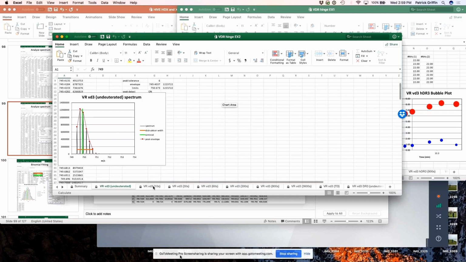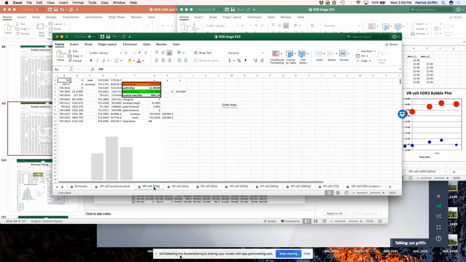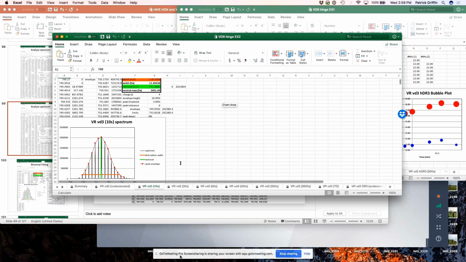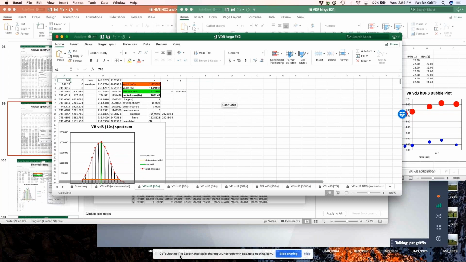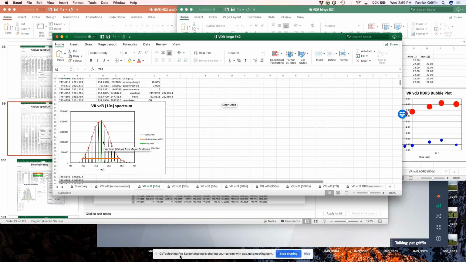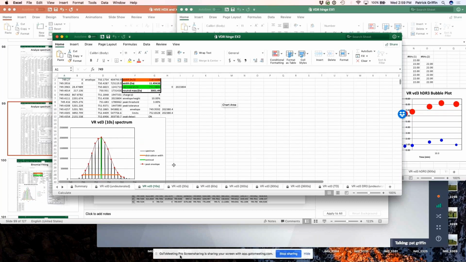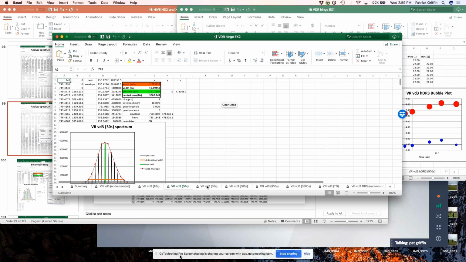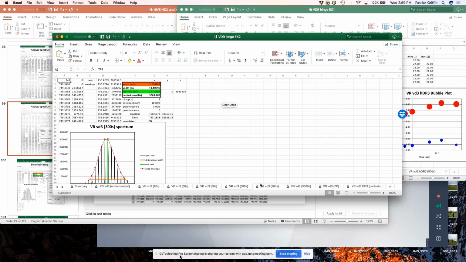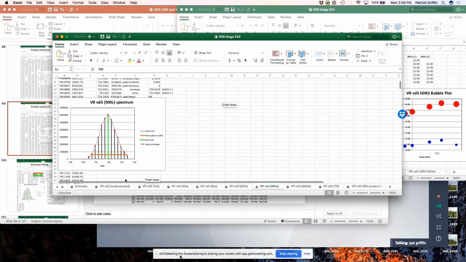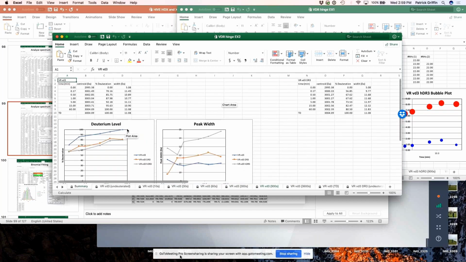And if you do exchange to incorporate more deuteriums into the spectrum, it gives you another calculated centroid, which you can further use to plot the deuterium uptake level, the HDX uptake plots.